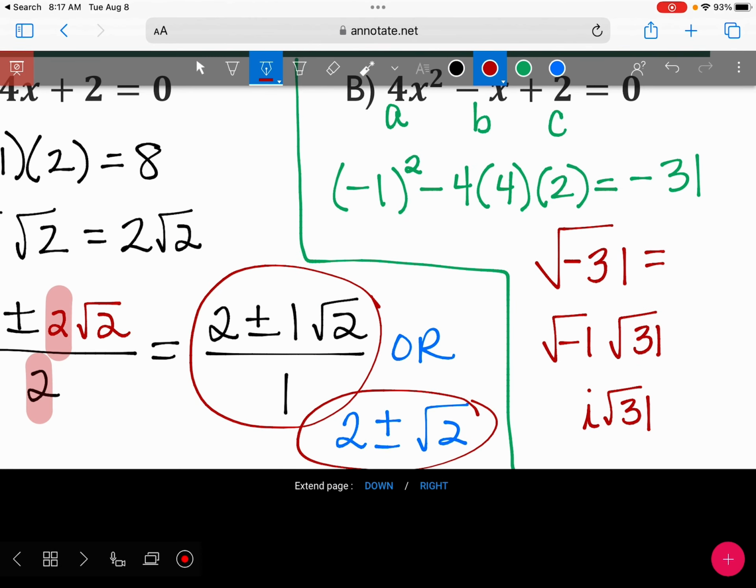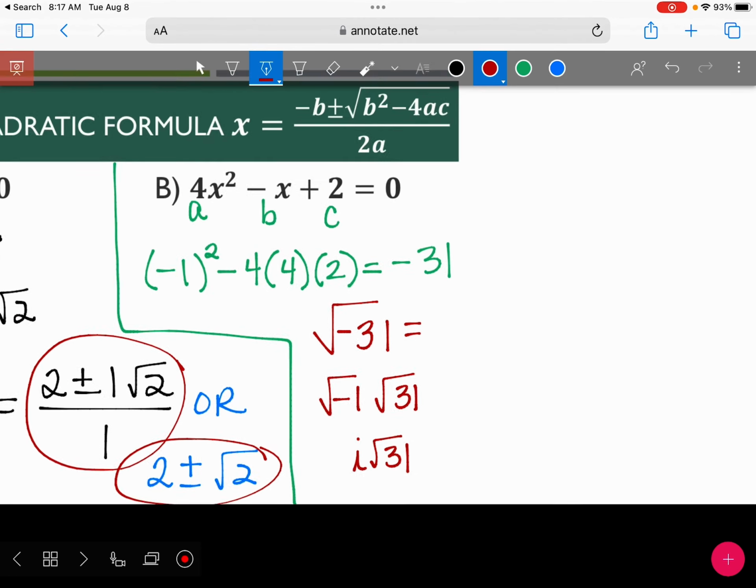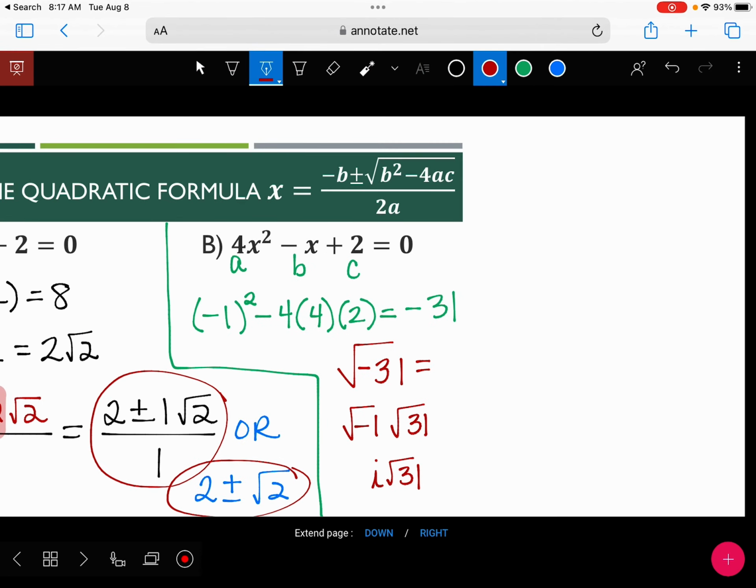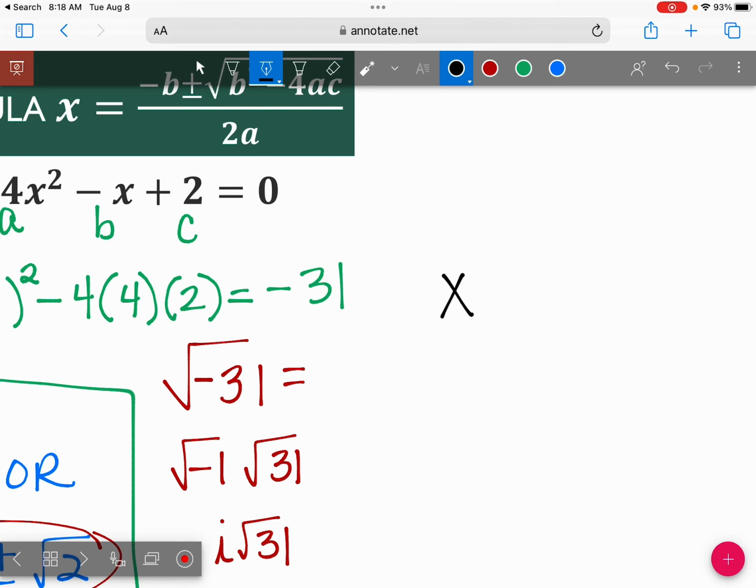So now that we have that, we're ready to do our quadratic formula. This is my discriminant, so this is what goes here. So now we're ready to finish it out. It would be x equals the opposite of b.